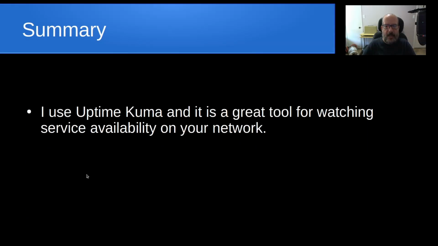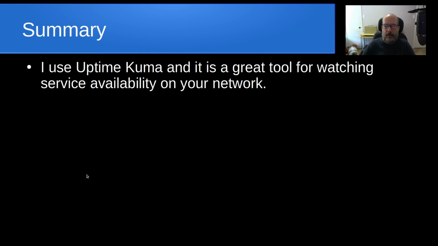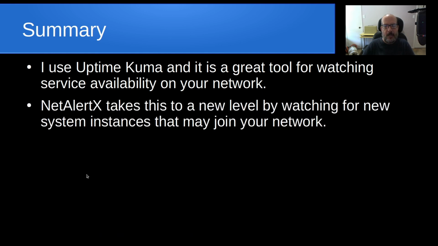So in summary, I use Uptime Kuma, and it's a great tool for watching service availability on your network. So NetAlertX takes Uptime Kuma to a new level by watching for new system instances that may join your network, or for instances that go offline, which is something that Uptime Kuma will do as well.